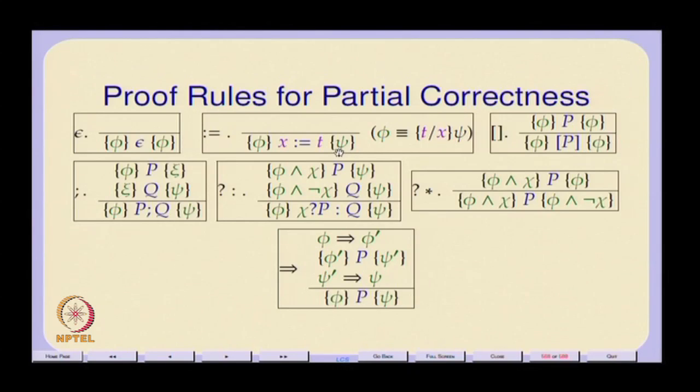But if psi does have x as a free variable, then what we are saying now is, before the assignment was executed, if I replace all those free occurrences of x by the term t, then in that valuation of the precondition, in that state, psi with t for x should have been true. Only if that is true can I claim after the assignment that psi would be true.